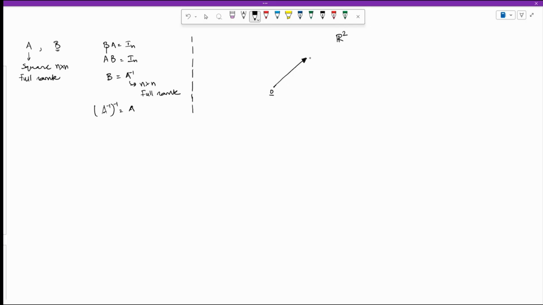Let's say I call that vector X. So whenever I'm talking about this vector X, I'm essentially talking about this point. That point is fixed in space. That point in space.